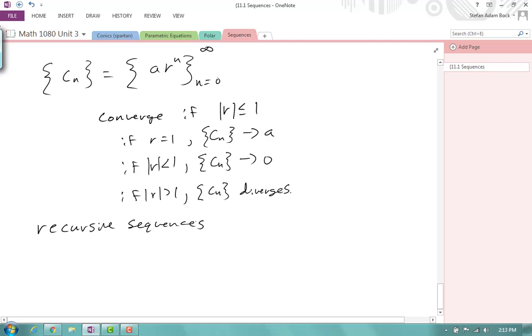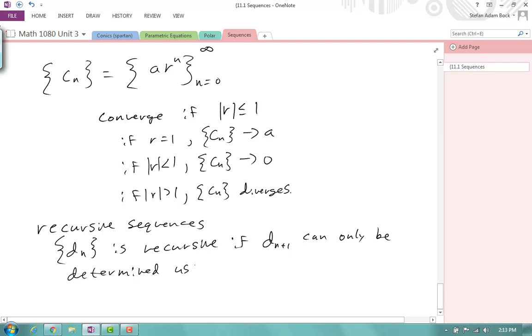D sub n is recursive if D sub n plus 1 can only be determined using previous terms.